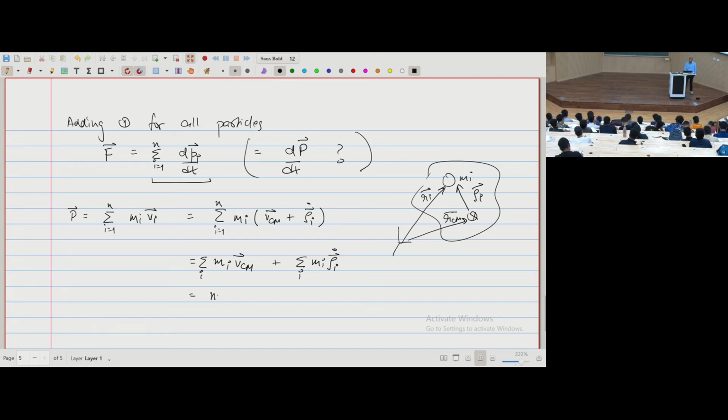So what we get is the total mass of the system times the velocity of the center of mass.